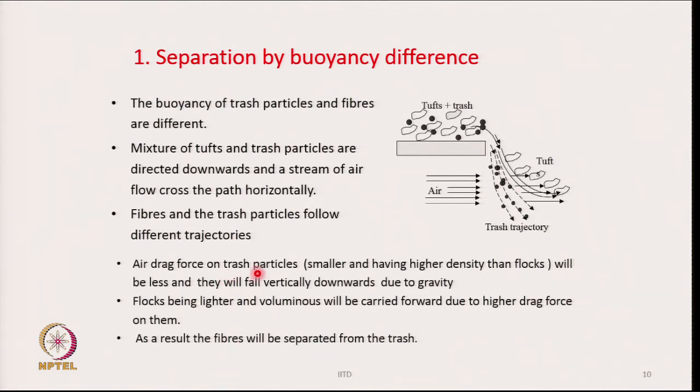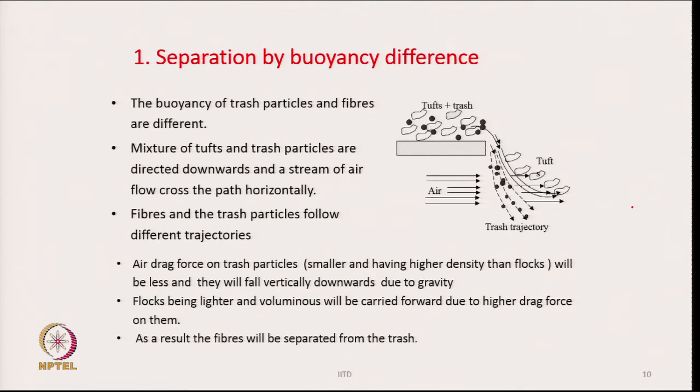Air drag on trash particles will be less and they will fall vertically downwards due to gravity. So, they will mostly fall downwards, whereas flocks, being lighter and voluminous, will be carried forward due to high drag force. As a result, the fibers will be separated from the trash particles.